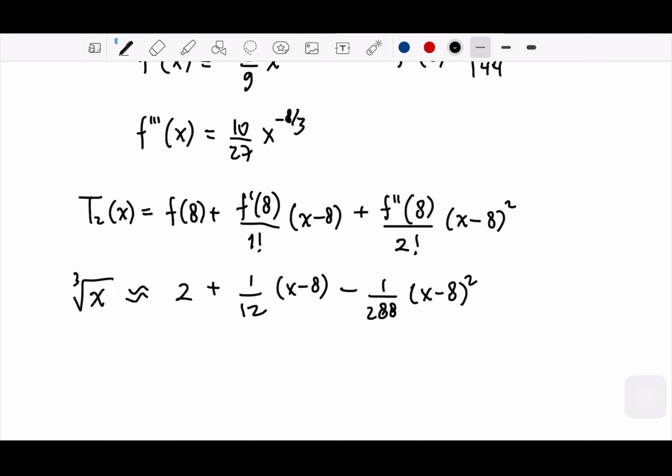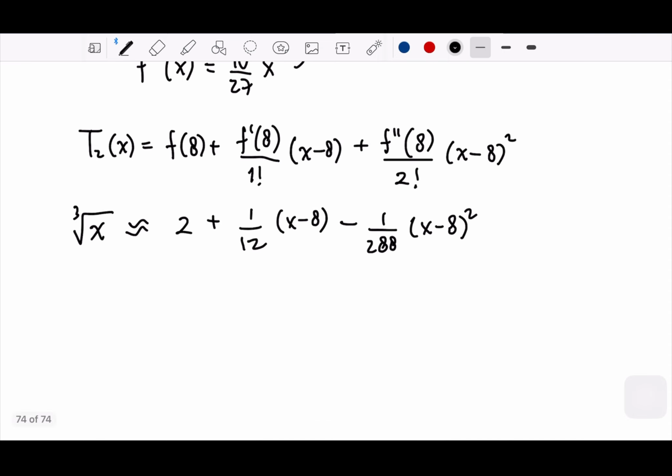If we imagine x is less than 8, it will not be alternating, right? It's not alternating if x is less than 8. So I think we can just go to Taylor's inequality. Okay.